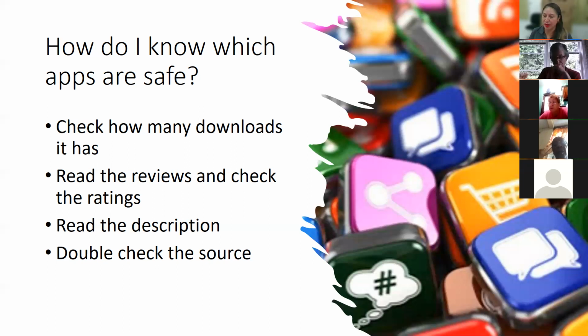How many downloads it has had. You can also read reviews and check the ratings that previous users have given to this specific app. So the better the reviews, the higher the ratings, the more comfortable you feel that this application is safe to download.